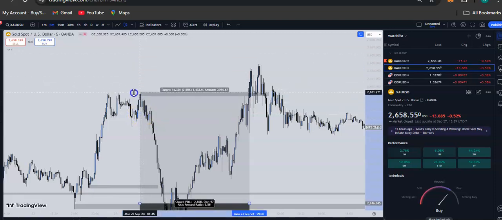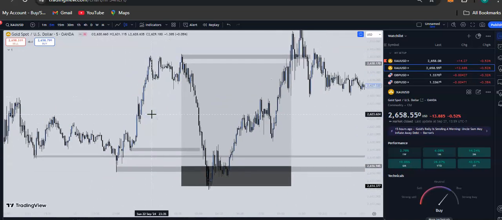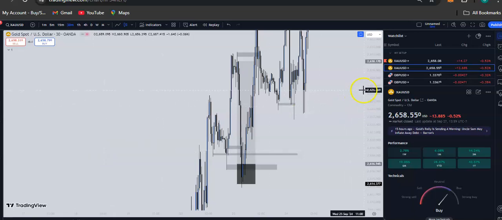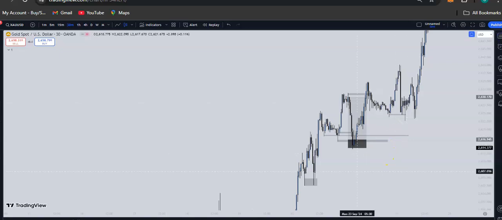Now I did talk about the use of a specific tool, which is the volume tool that would tell you what the week has in store. So going back to the 30 minutes chart, for example, I would want to see where the volume is currently, let's say for this section of the week.